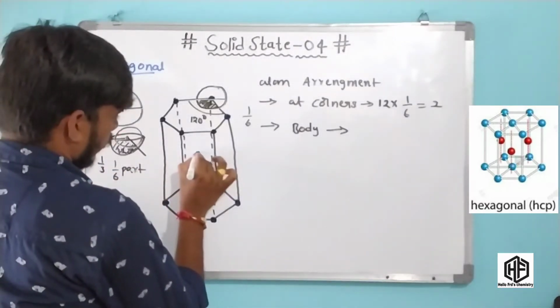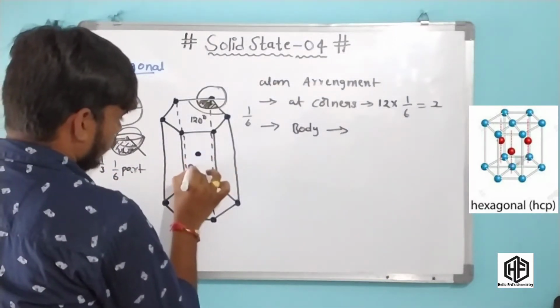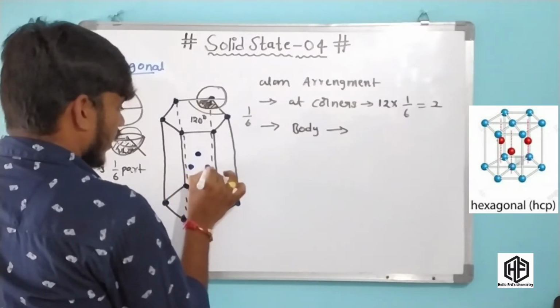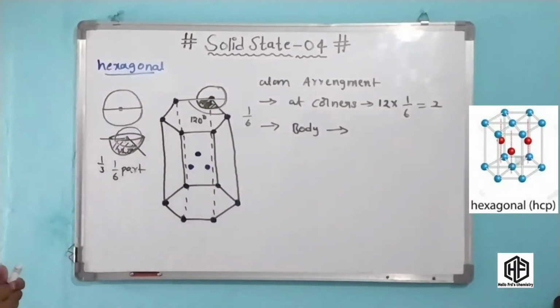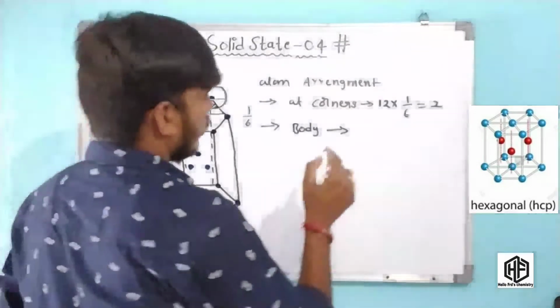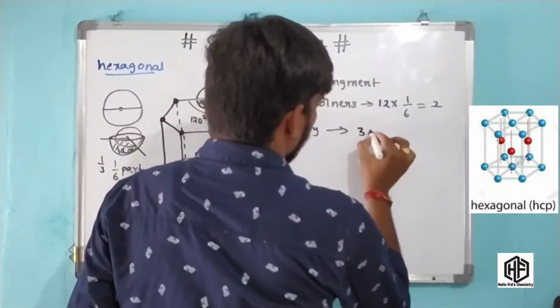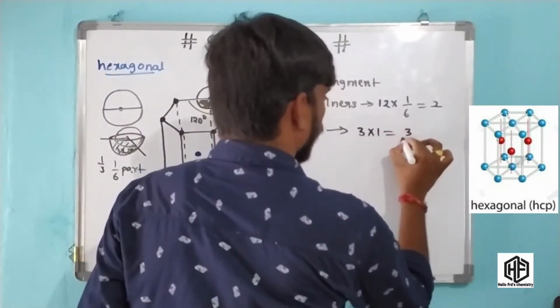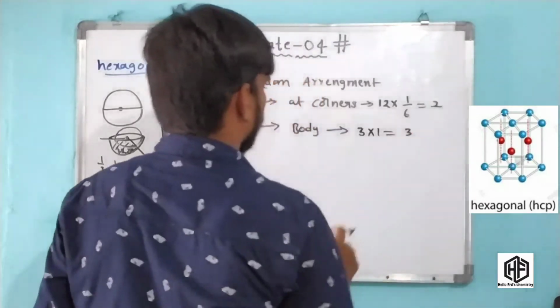This is very important friends. Three atoms are arranged at the body, and 3 into 1 is equal to 3. This is 2 plus 3, okay friends.